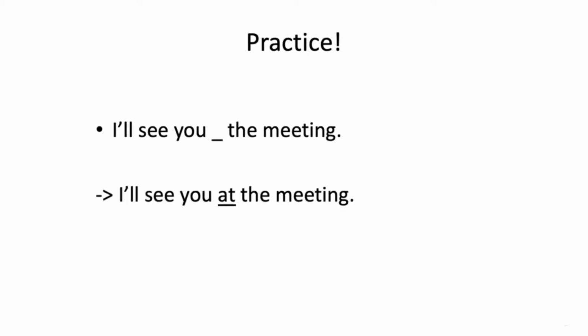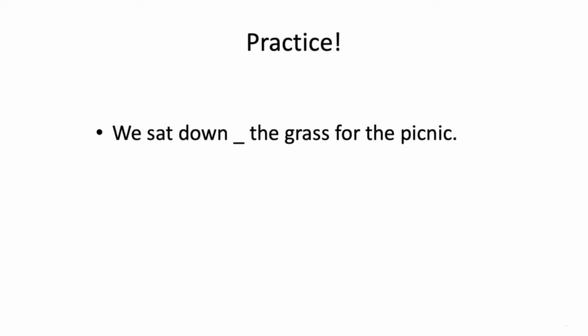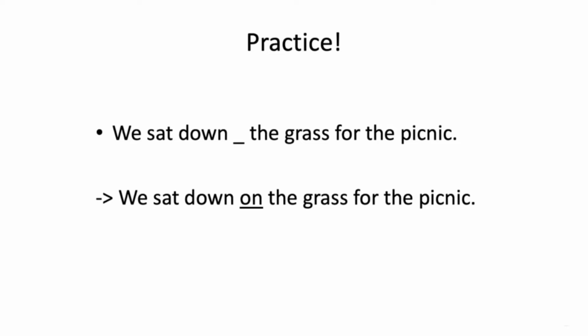I'll see you at the meeting. We sat down on the grass for the picnic. In this sentence, on is a preposition of place and indicates where we are in relation to the grass.